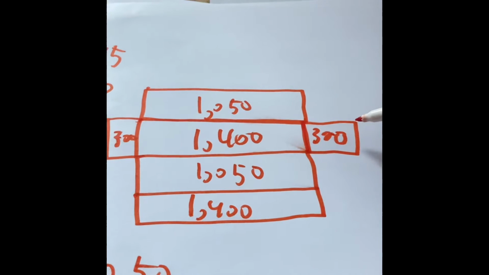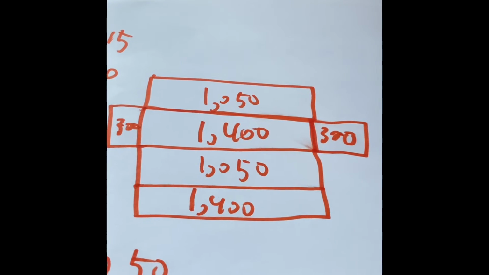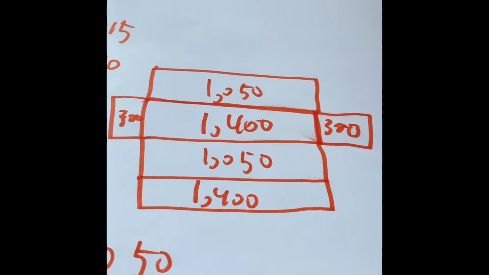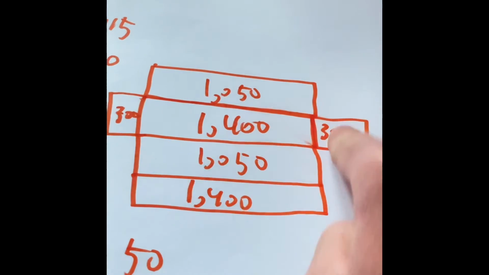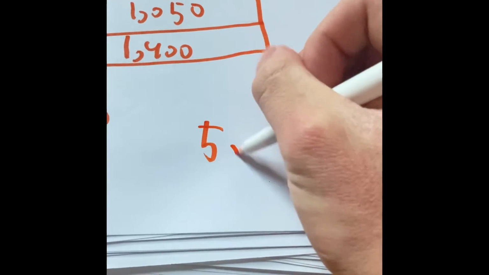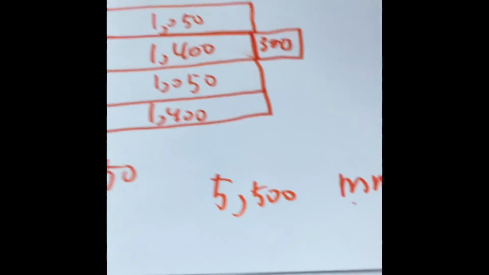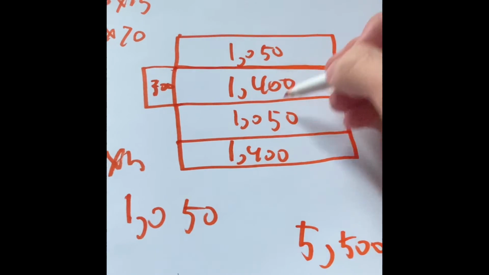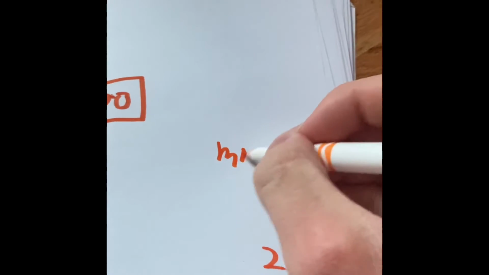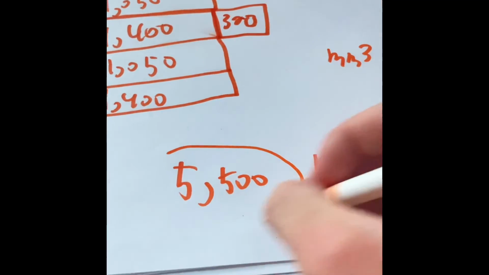Due to the commutative law, it doesn't matter what order you add them in, because it will lead to the exact same answer. When you calculate this, we get 5,500 millimeters squared, because we're talking about 2D shapes that make the 3D shape. If it was millimeters cubed, that is when you're using volume.